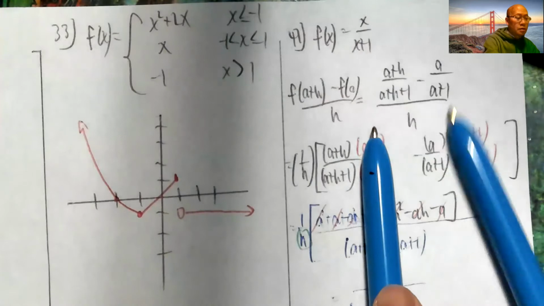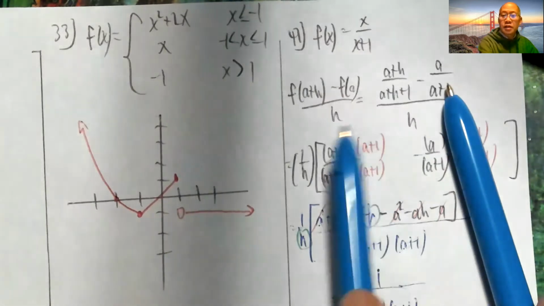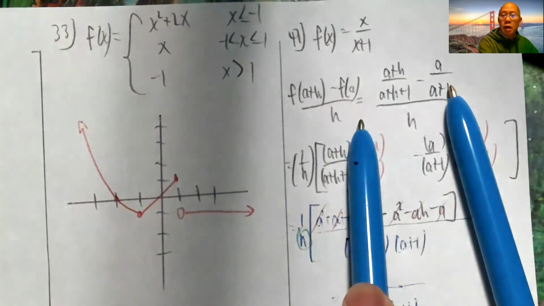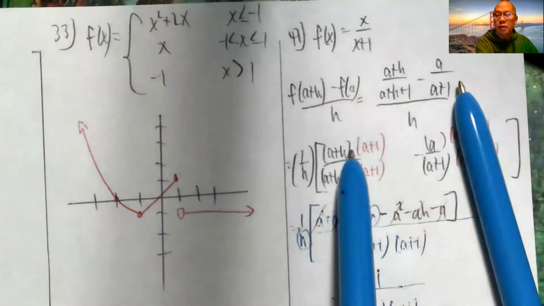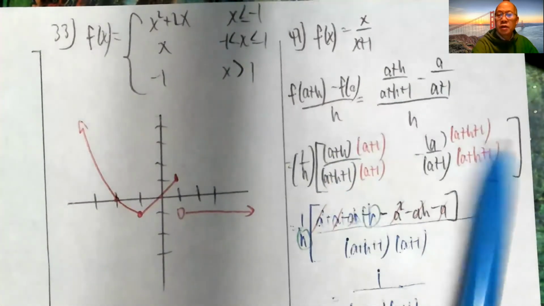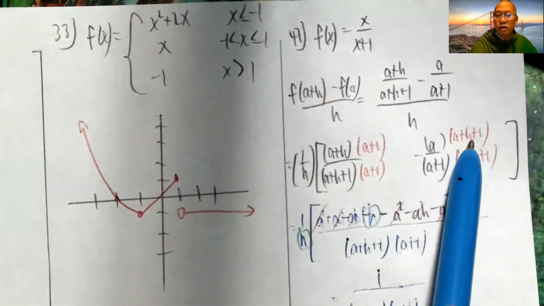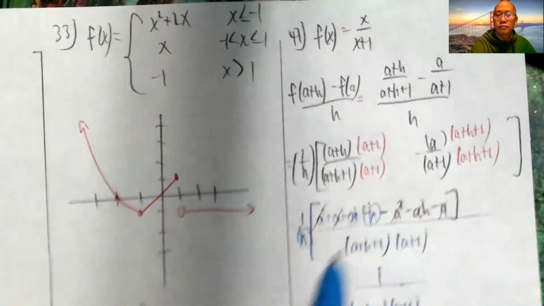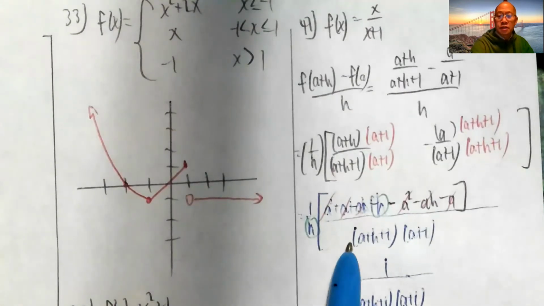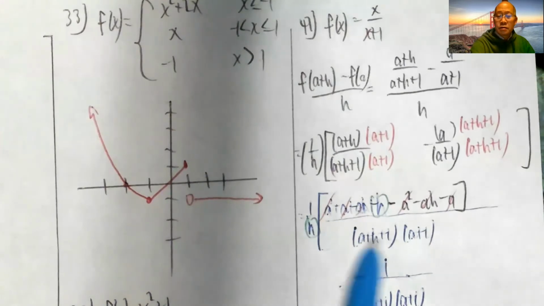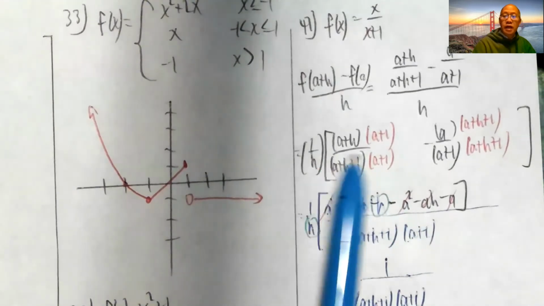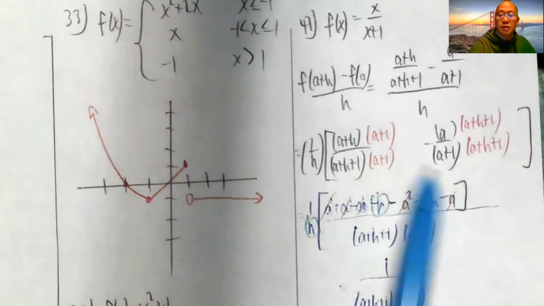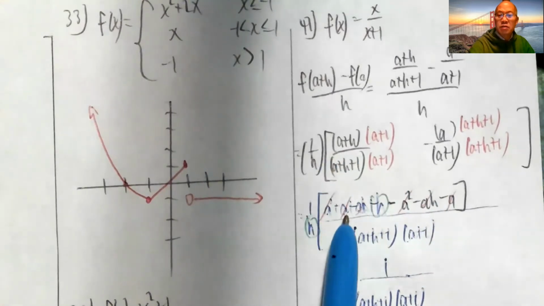Okay, and right now I haven't done anything. That's the same as that. That's the same as that. But I need a common denominator. So multiply this side by a plus 1 over a plus 1. This one needs a plus h plus 1 over a plus h plus 1. Okay, so the top, we'll leave the bottom alone. The top is a squared plus a plus ah plus 1.